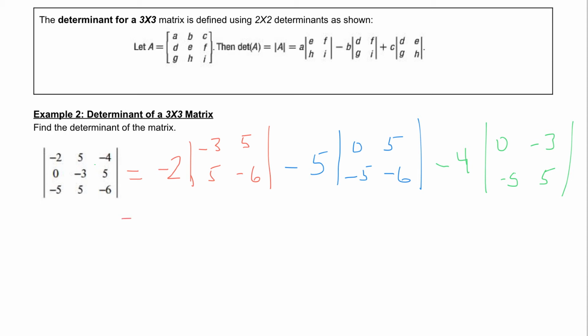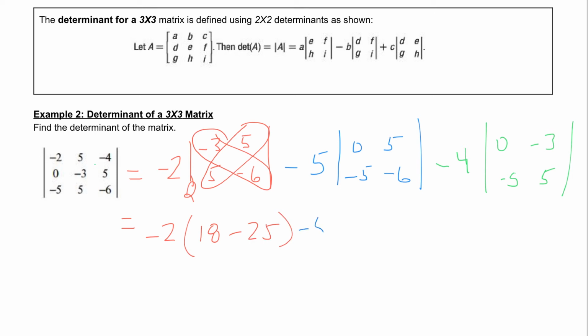So if I look at the first part, this again is the determinant, these two lines right here. So I'm going to take -2 times my determinant, which means I'm taking and multiplying these two minus the product of these two. So inside I have -3 times -6, which is 18. And then I'm going to subtract the product of these two, which is 25.